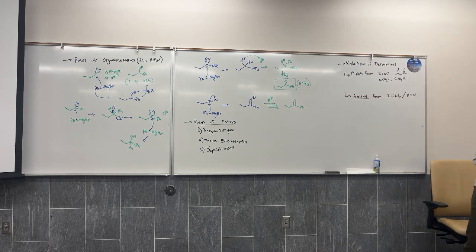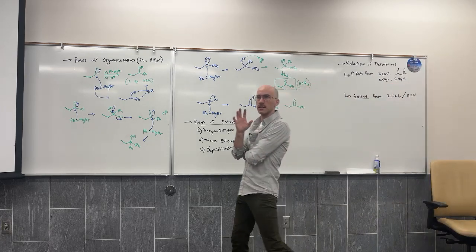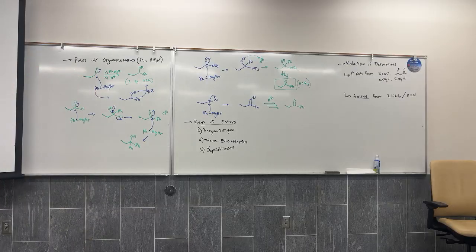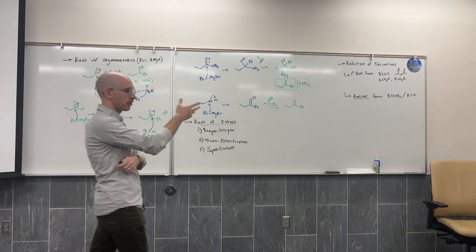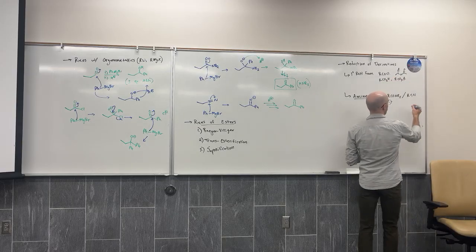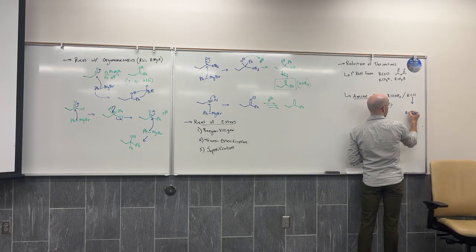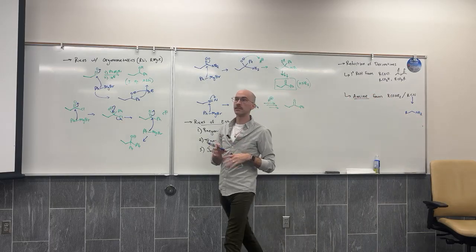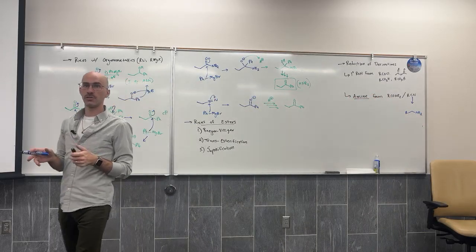The nitrile is always going to produce a primary amine. The nitrile has no other carbon groups connected to the nitrogen. So the nitrogen always becomes NH2.